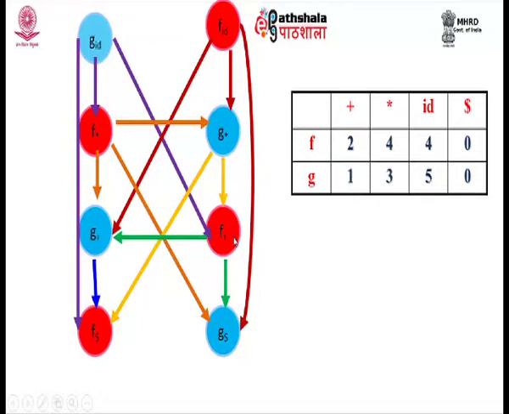Similarly, if you look at F plus, F plus basically has 2 out degree, one is here, the other one is here. If you look at this, the path length is 1. If you consider this particular path from F plus to G plus and then to F dollar, the path length is 2. That is what I have here, so this will have the longest path available.